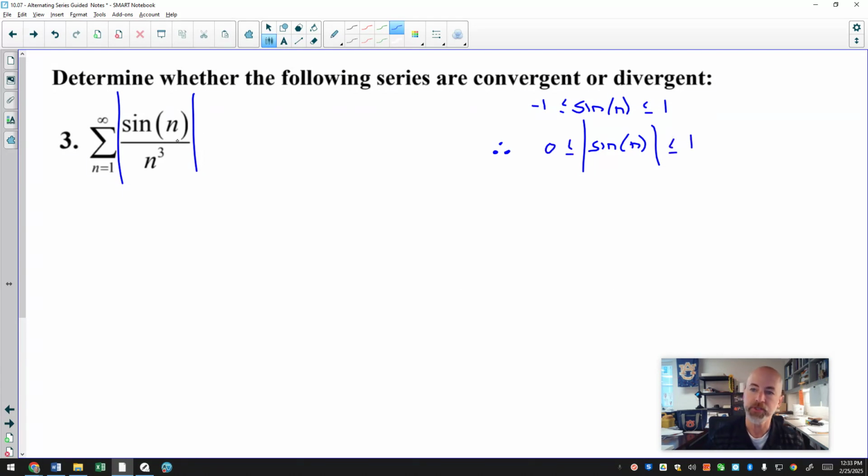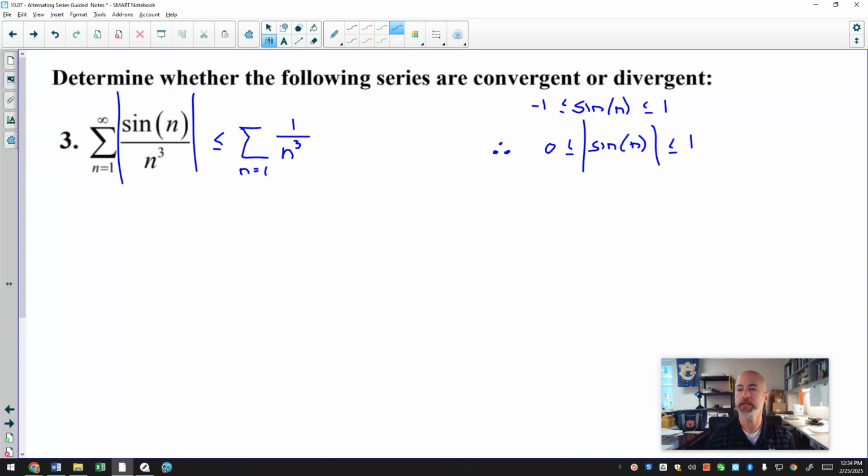And so when I took the absolute value of this sequence, the denominator n cubed doesn't change, but that numerator sine is always less than or equal to 1.